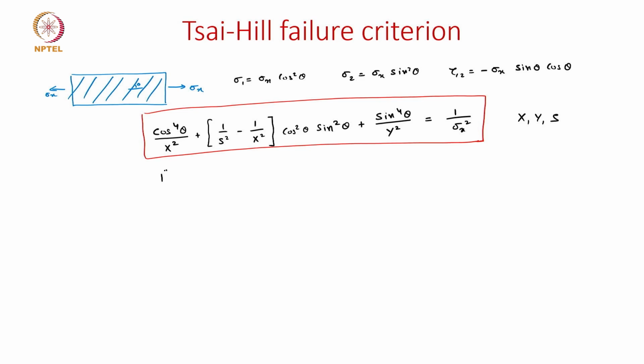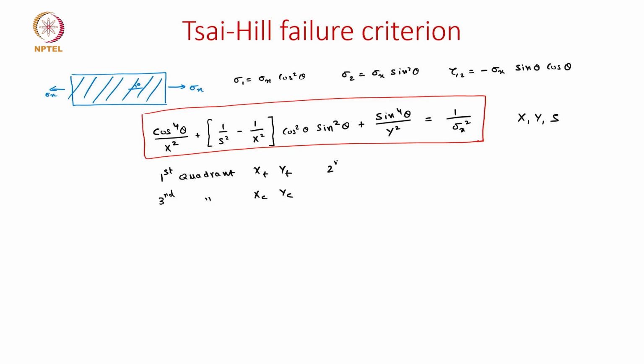So let's say in the first quadrant we use xt and yt. Similarly in the third quadrant we use xc and yc because both sigma 1 and sigma 2 are negative.